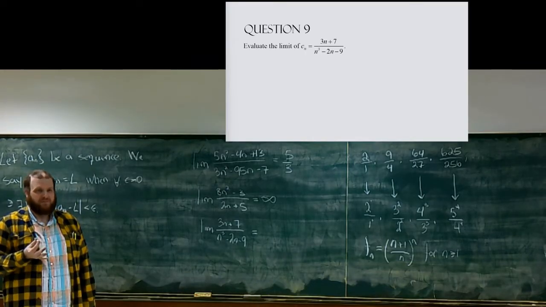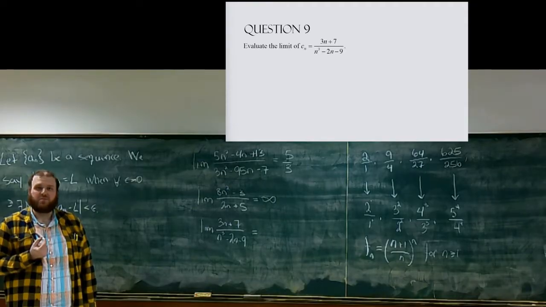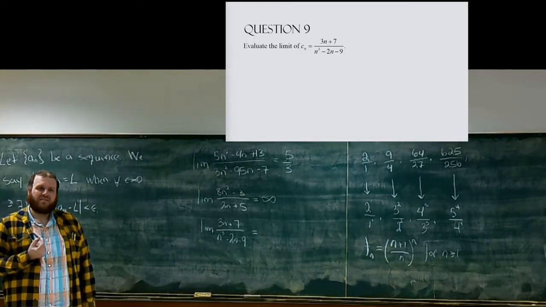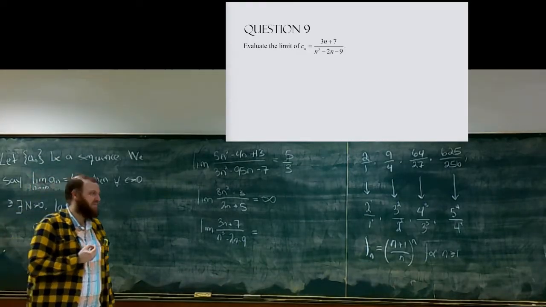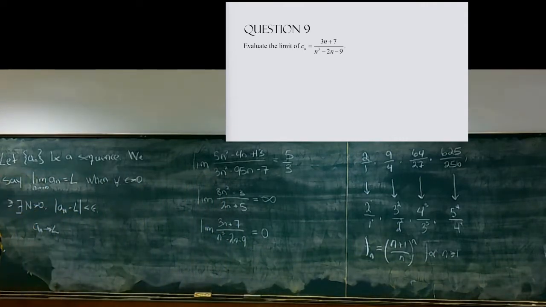It's going to be 3 over n squared. Yes. As n gets large, what does that do? Smaller. Specifically smaller to what? That limit's 0. Yes.